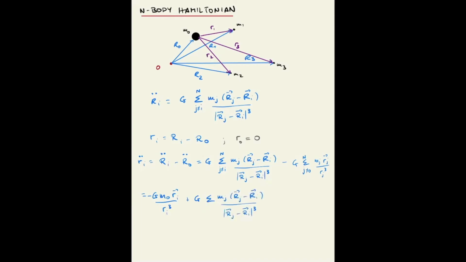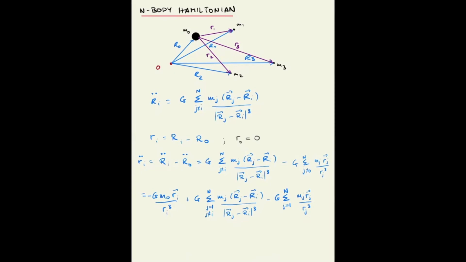Let me just change the notation here. So j from 1 to n, and also j not equal to i. And then the last term, since it's simply j not equal to 0, you can start that counter also from j equal 1. So these two summations are almost the same, except for the fact that the first summation avoids j equal i, whereas the second one does not avoid j equal i.